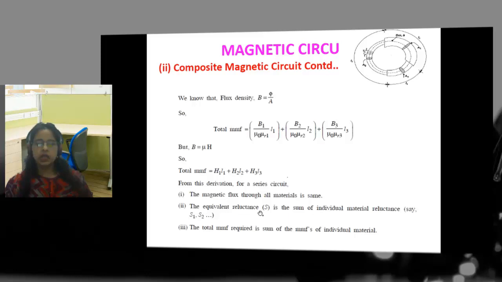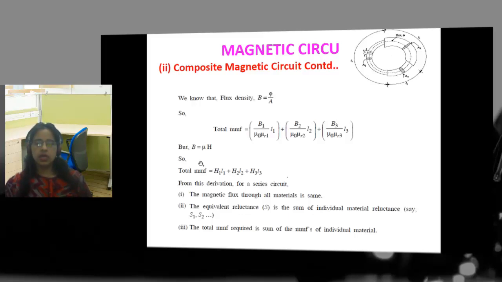Then the equivalent reluctance is the sum of individual material reluctances, say S1, S2. S was equal to S1 plus S2 plus S3, that is what it is saying. The total mmf required is the sum of mmfs of individual materials. In series, if we talk about an electric circuit, V was equal to what?